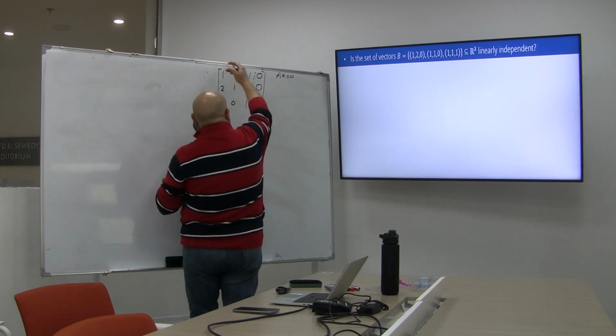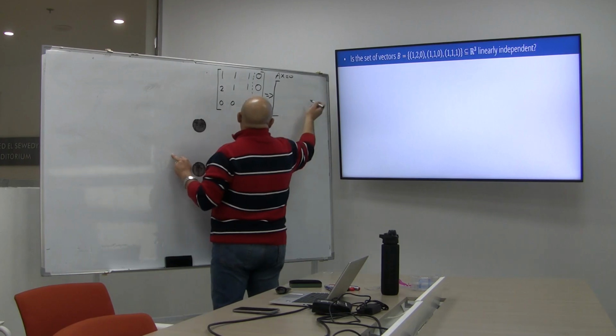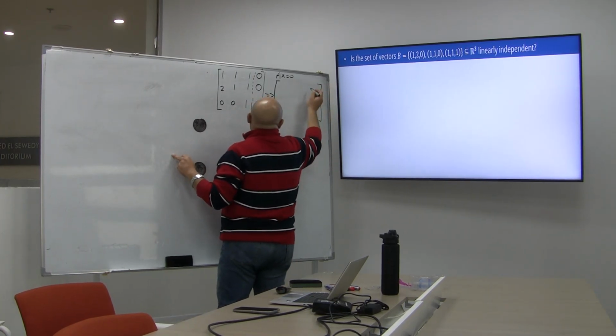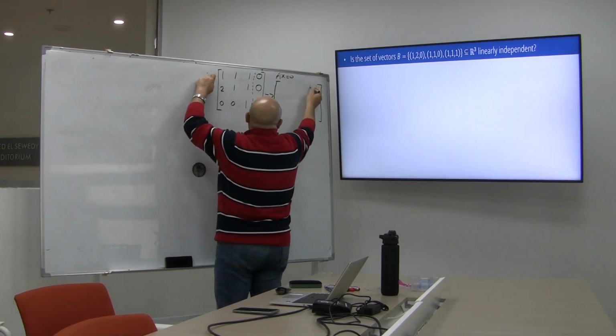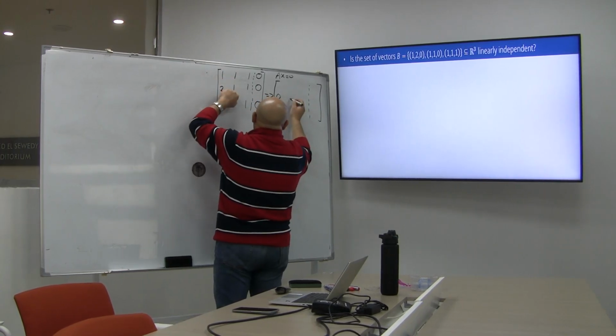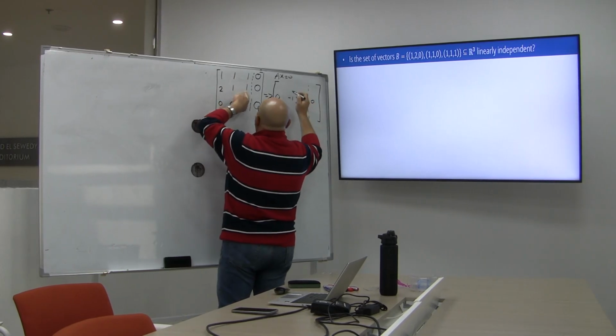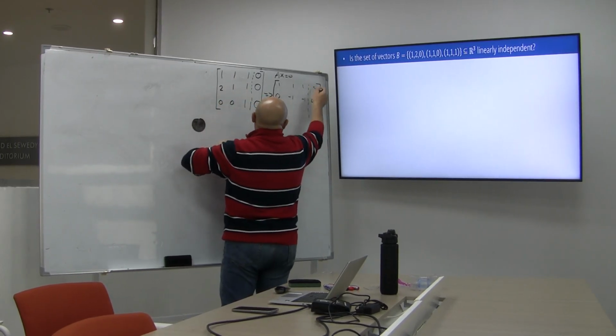So start solving this system using the main row operations that you already know. I will multiply the first row by negative 2 and add it to the second row. If you multiply by 2 and add, it's going to be negative 2 plus 2 is 0, negative 2 plus 1 is negative 1, negative 2 is negative 2, and 0. The first row is 1, 1, 1 and 0.